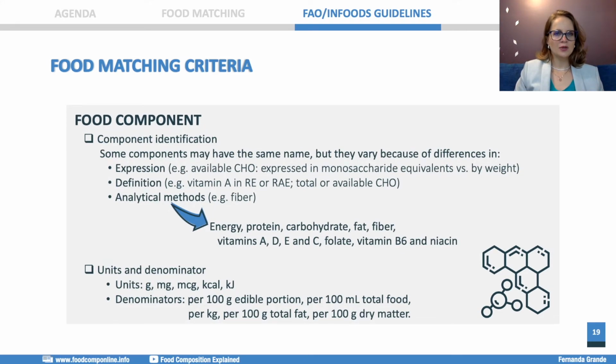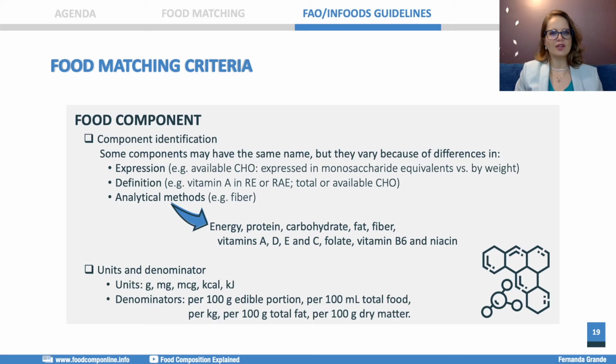So thinking about the component identification, we need to take into consideration that some components may have the same common name, but they can vary because of differences in the expression. So for example, if we have carbohydrate, expressed as monosaccharide equivalents or by weight. Also, there are problems with different definitions.